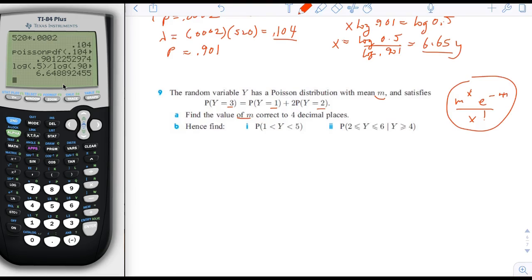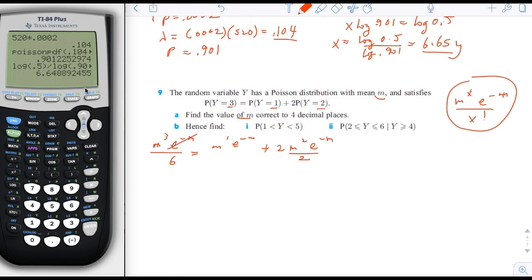So for the first one, we're going to put m to the third e to the negative m divided by 3 factorial equals m to the first e to the negative m divided by 1 factorial, which is just 1, plus 2 times the probability that y equals 2. That would be m squared e to the negative m divided by 2 factorial, which is 2. So 3 factorial, remember, is 6.